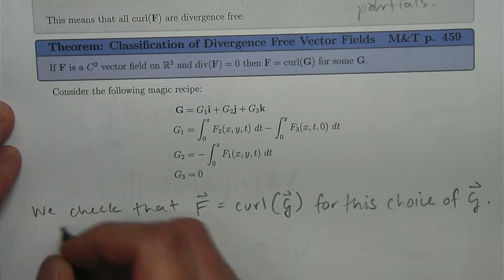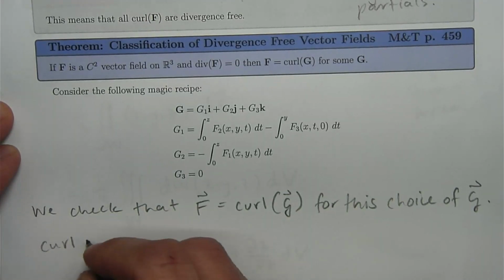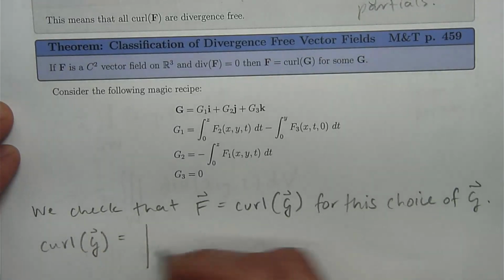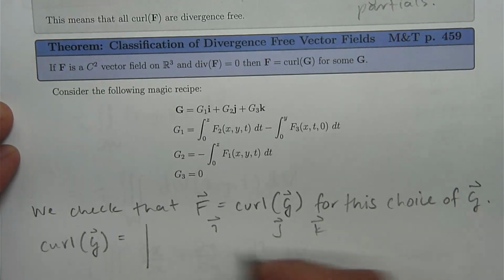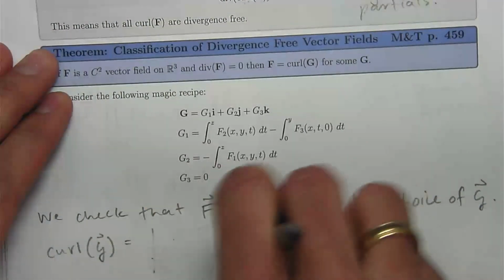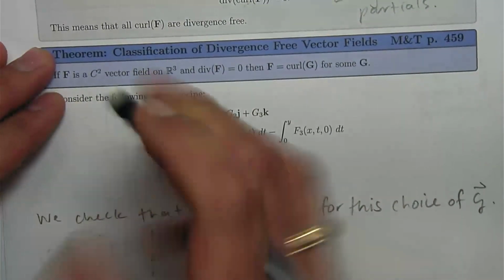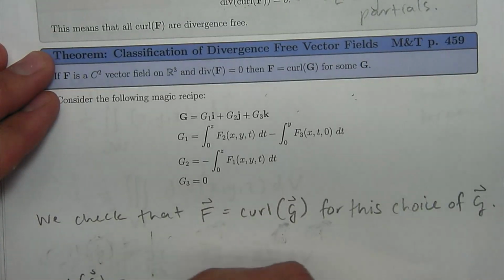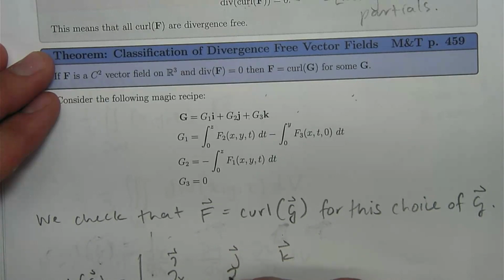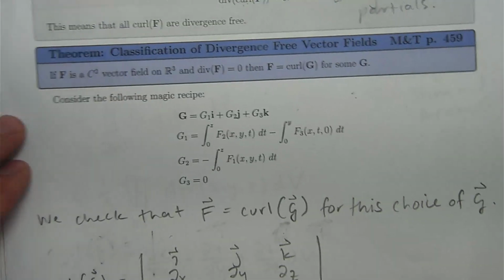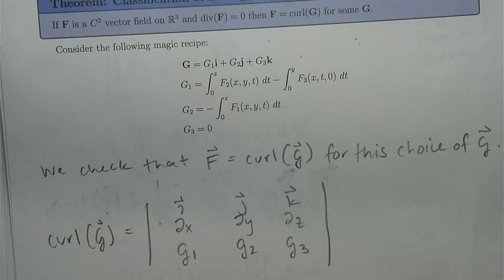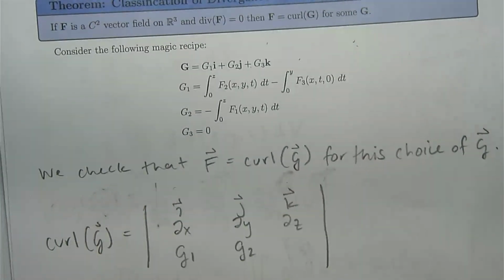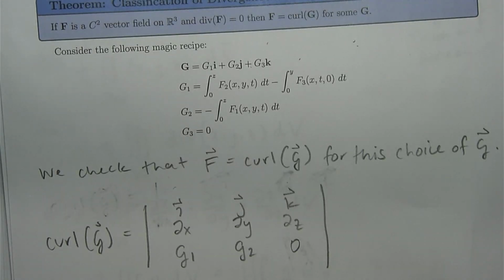So what do we need to do? So we'll calculate, so this guy is 0 conveniently. So let's calculate out the remaining terms.